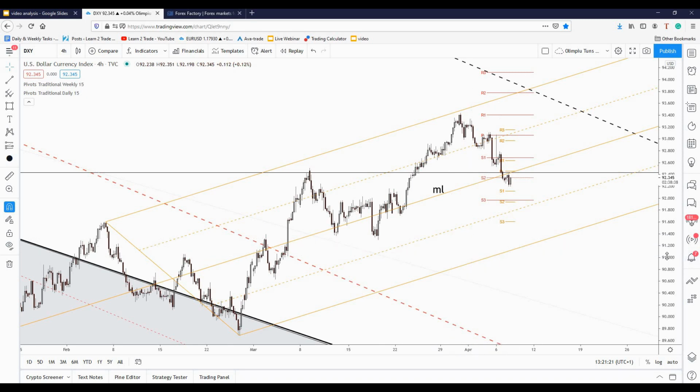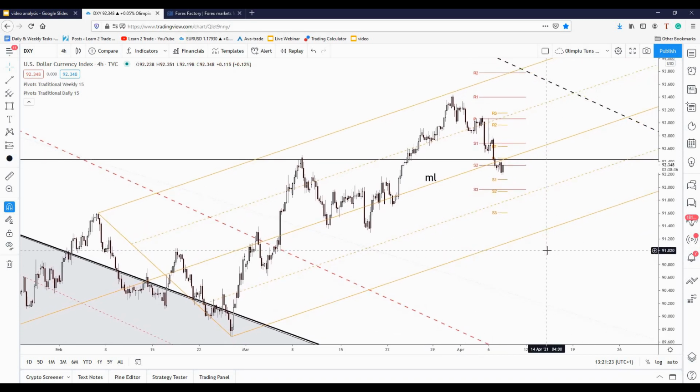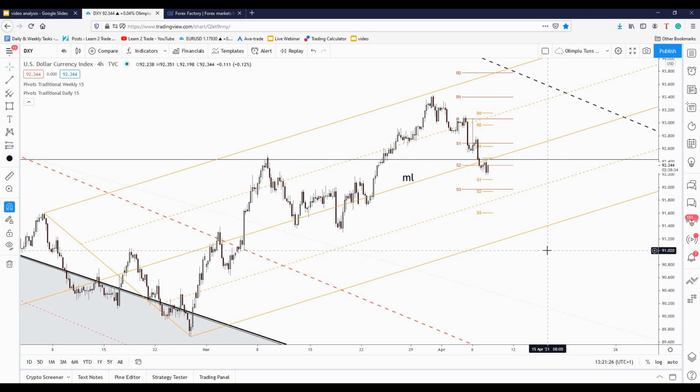Okay, a dovish report could add more selling pressure here, and the dollar index could continue to decrease towards S3.